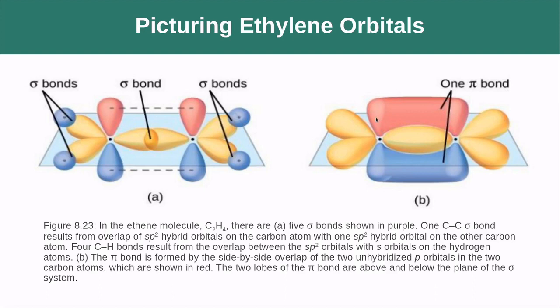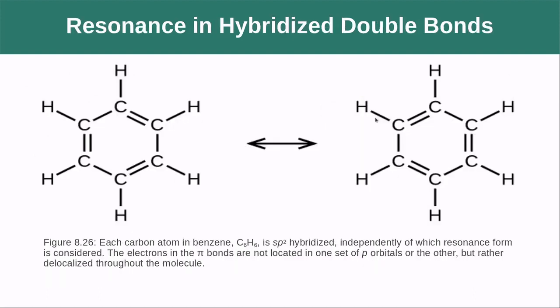bond. If we think of the case of benzene, each one of these carbons is just as happy to form that side-to-side interaction with either one of the carbons next to it.